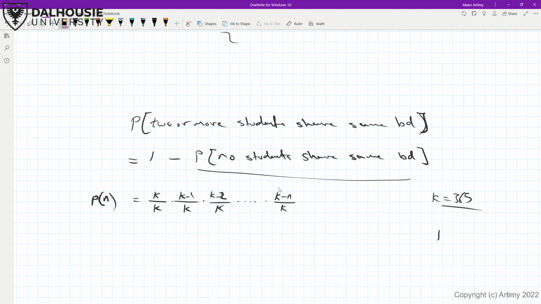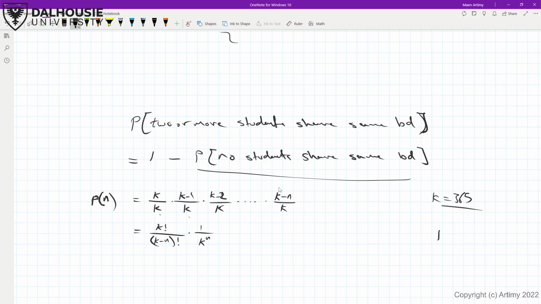If I simplify this, the numerator is k factorial divided by k minus n factorial, and the denominator here is k to the power n, right?